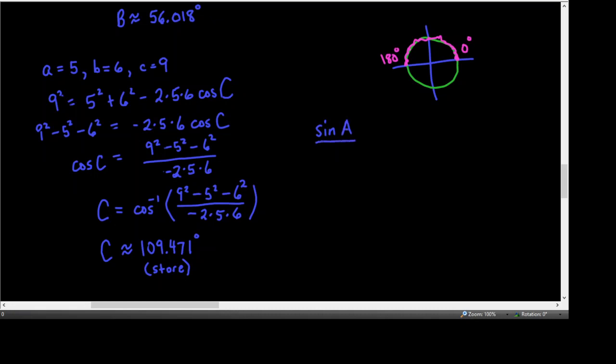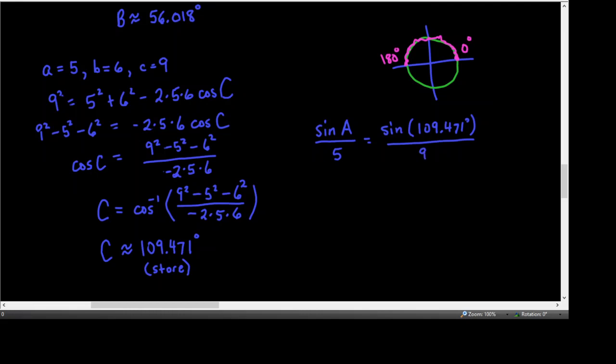Sine of A over 5 would equal the sine of this stored in your calculator number. I am recording the rounded version of it, but of course that's not the entire number. It's only sort of close to correct. By making 3 decimal places, we have a lot of good digits, but still you want to get your maximum number of digits by storing in your calculator.